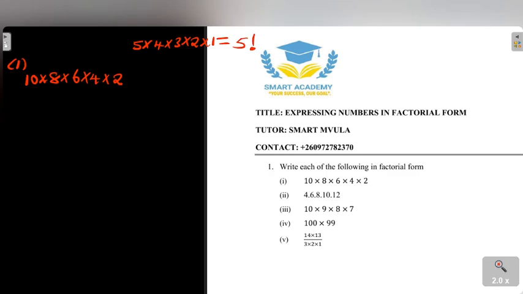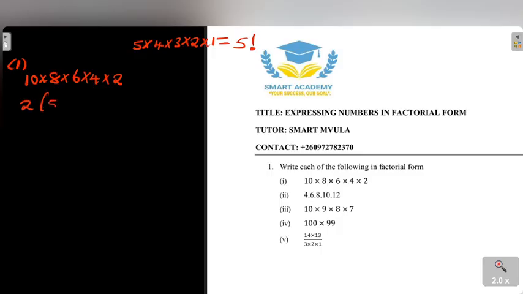So therefore, we can try to see if we have a common difference. The common difference will be found by saying 8 minus 10, it will be negative 2. Then 6 minus 8, that's negative 2. Then 4 minus 6, negative 2. So throughout, the common difference is a negative 2. So anyways, we ignore the negative and factor out a 2 because 2 is common there.